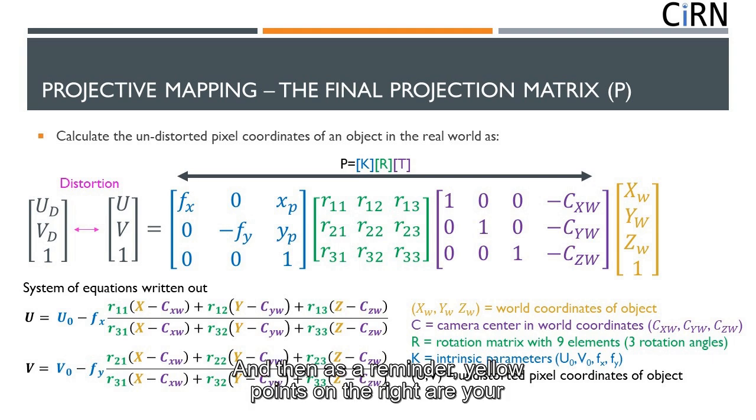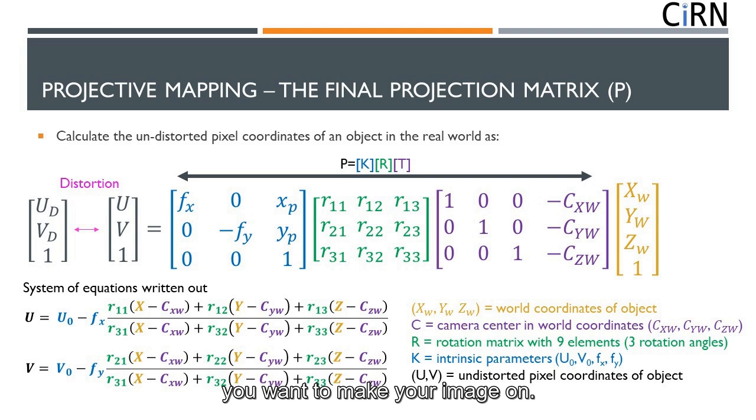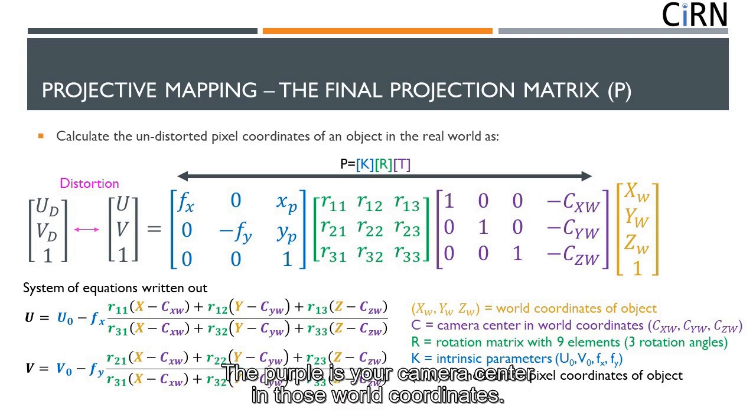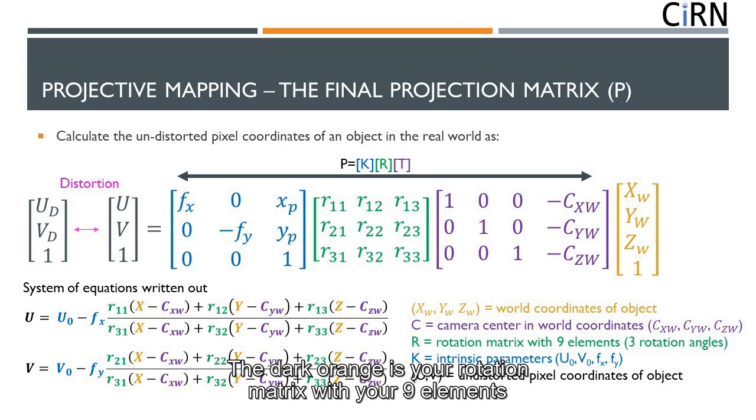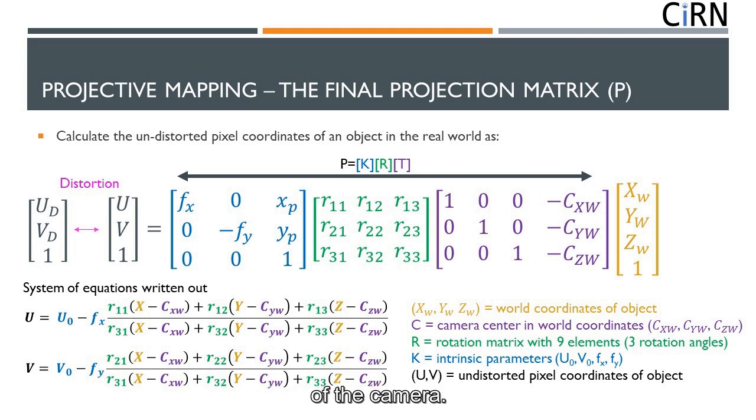And then as a reminder, yellow points on the right are your world coordinates of the object you care about or the grid that you want to make your image on. The purple is your camera center in those world coordinates. The dark orange is your rotation matrix with your 9 elements, which are derived from the 3 orientation parameters of the camera.